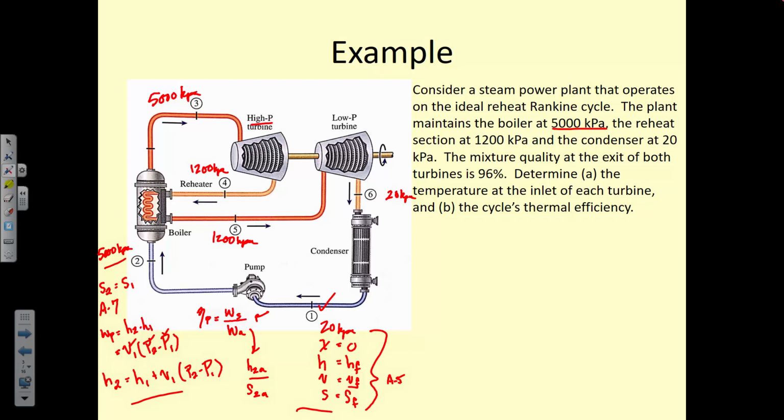All right, so we're up to state 2, state 3. What do we know about state 3? Okay, it's superheated, right? Because we're going into a turbine. So that's going to be in table A6. But how do we fix the state?